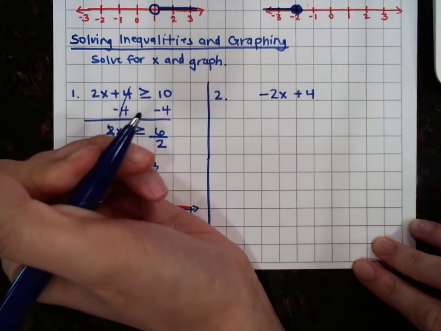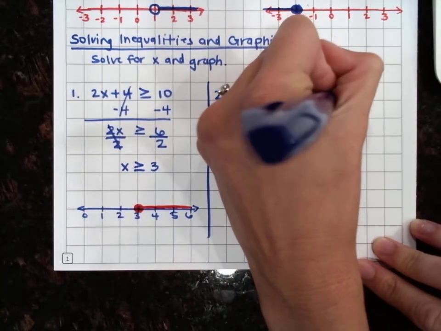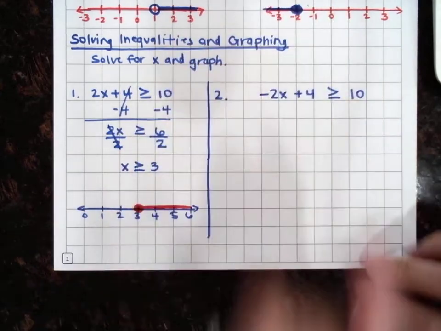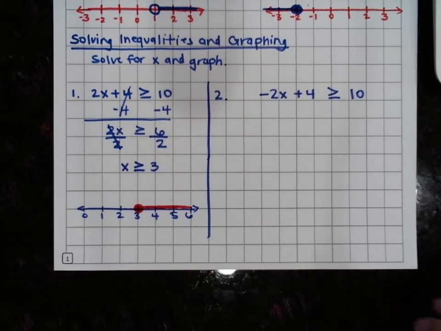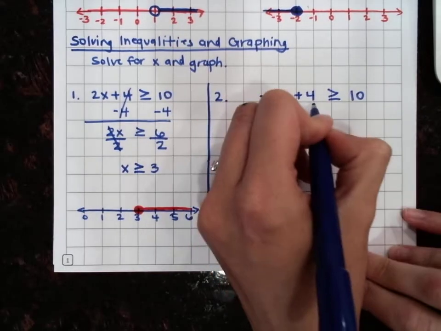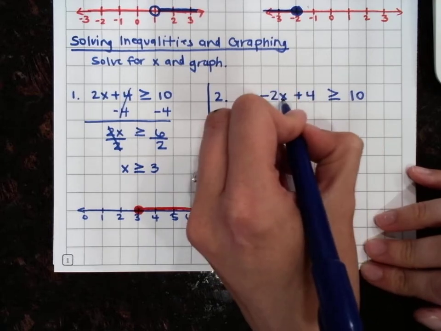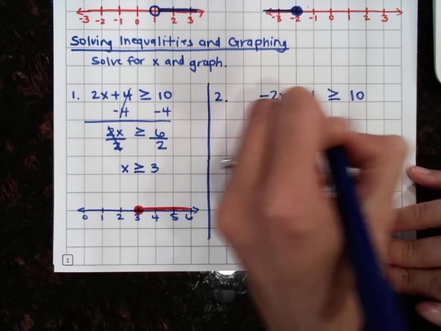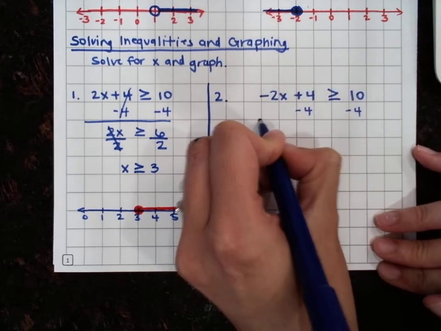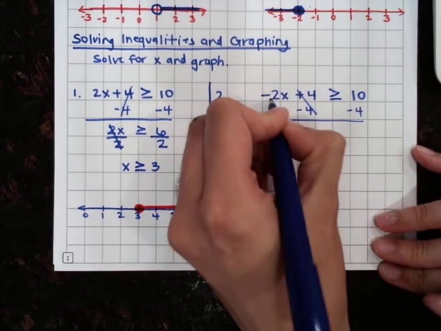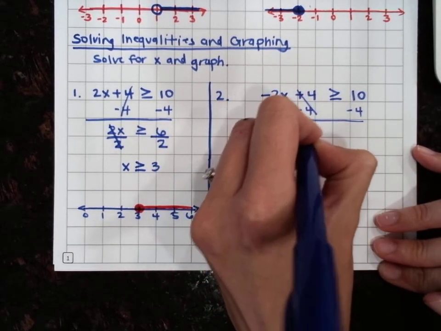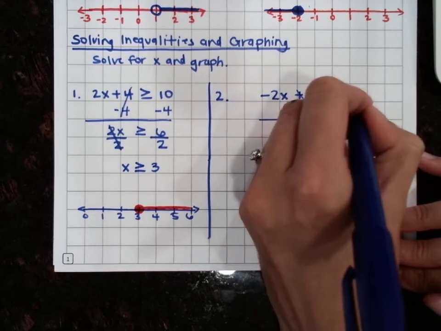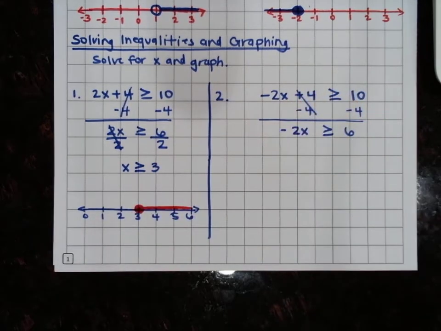So we have negative 2x plus 4 is greater than or equal to positive 10. Again, we need to solve for x. So we need to get rid of this positive 4 by subtracting 4 from both sides. We have negative 2x on the left is greater than or equal to 10 minus 4, which is 6, on the right.